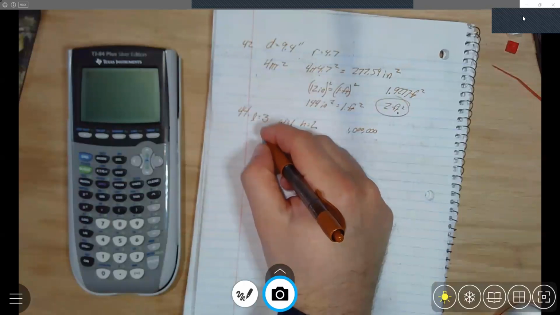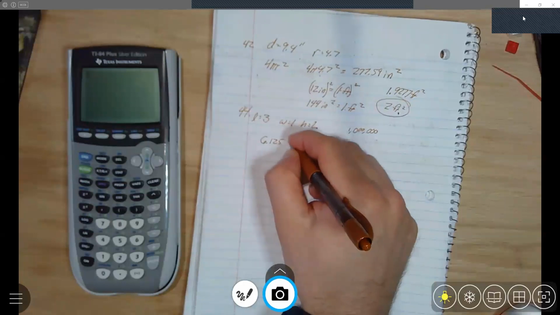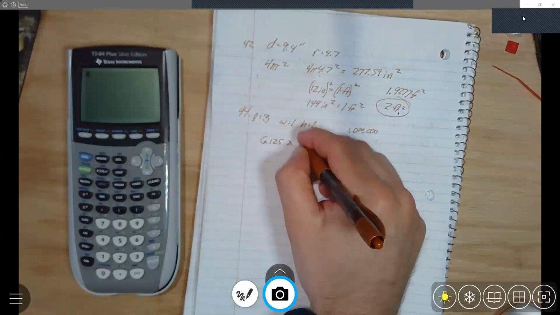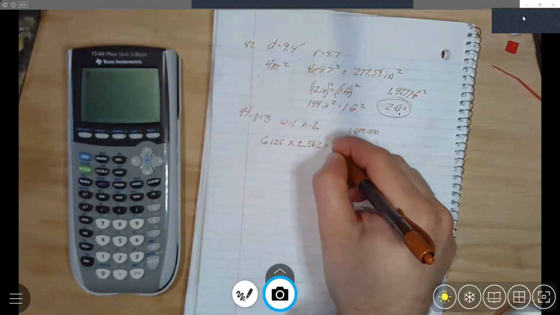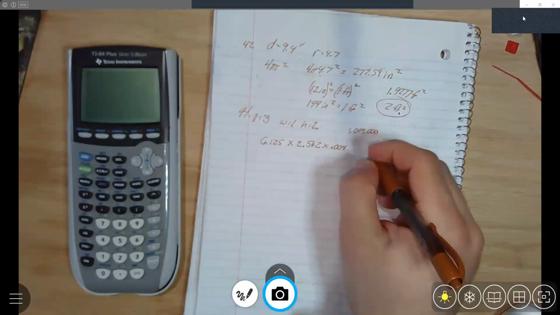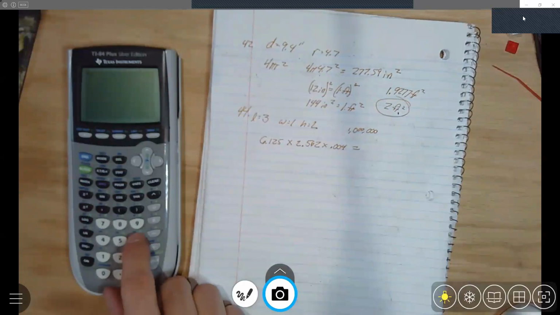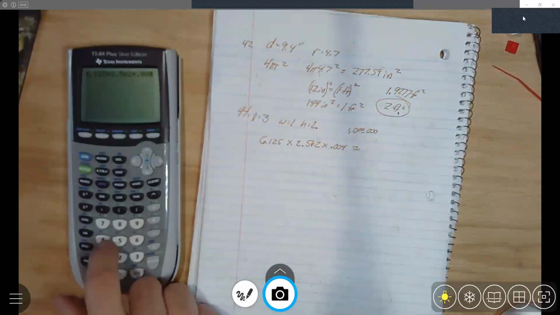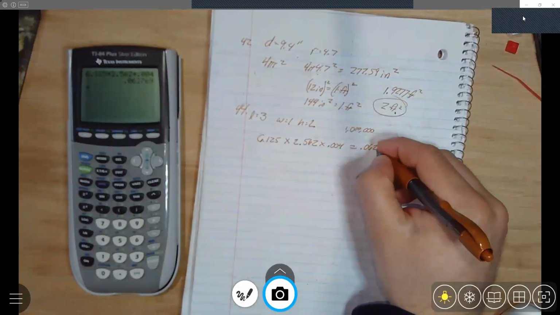So a single dollar bill is 6.125 by 2.562 by 0.004. That's in inches. So the volume of a $1 bill is 0.06279.